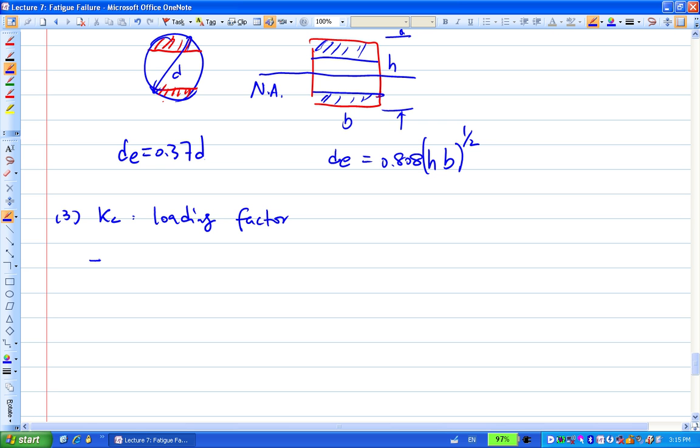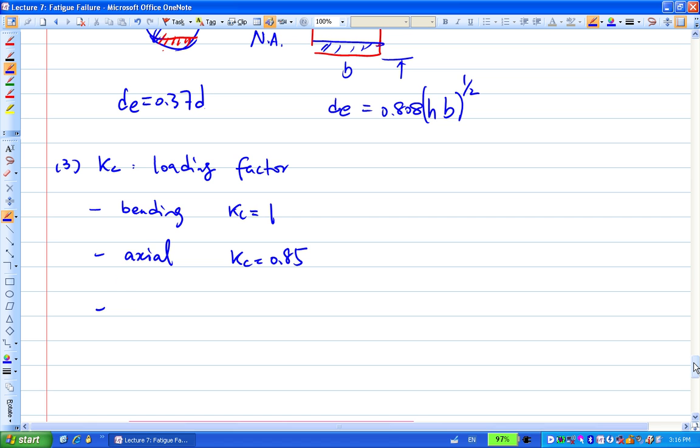Lab condition is a rotating shaft in bending. So if it's bending, you don't have to do any modification because it's the same as the lab condition. If it's axial loading, then your Kc is set to 0.85. Those are basically empirical numbers.